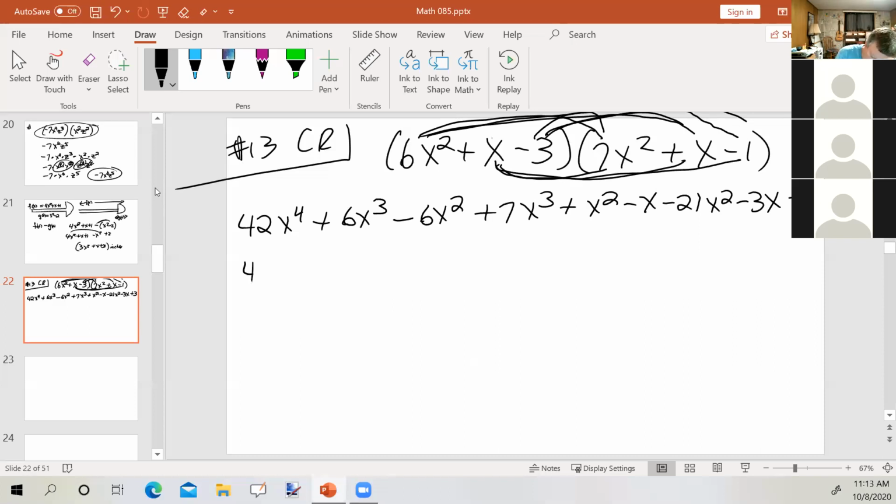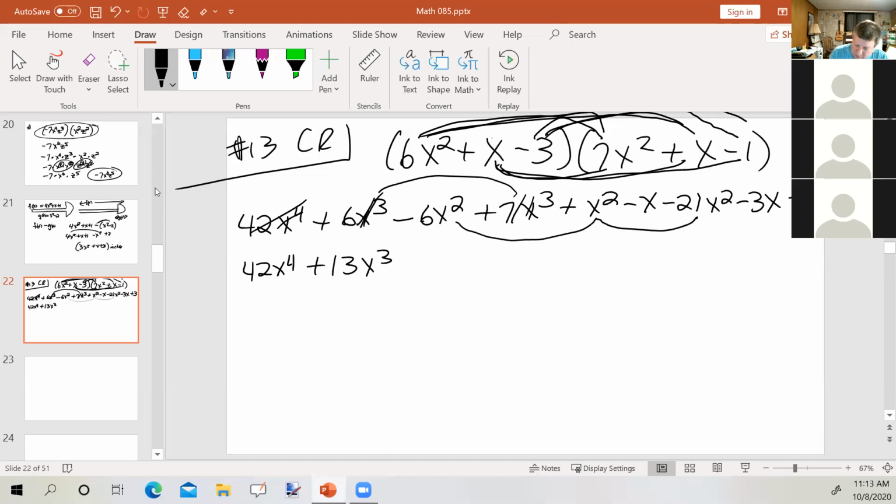So 42x to the 4th, that one's gone. 6x cubed plus 7x cubed is 13x cubed. This one and this one and this one are all x squared. Negative 6x squared plus 1x squared is negative 5x squared.